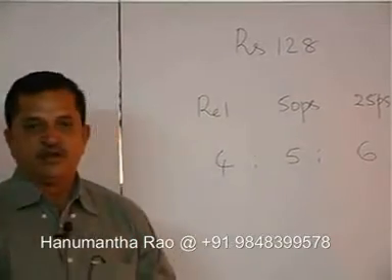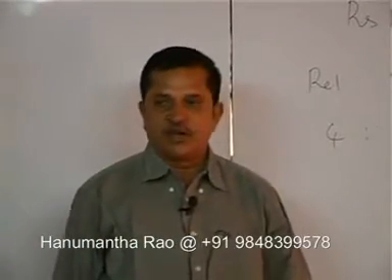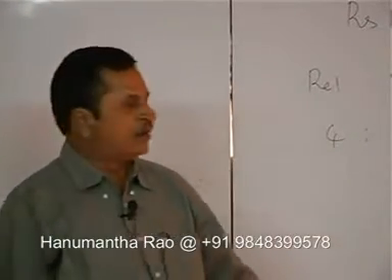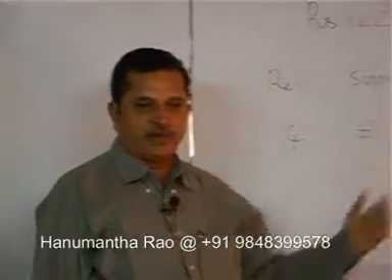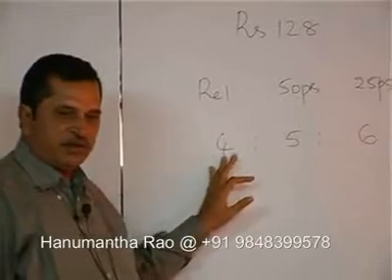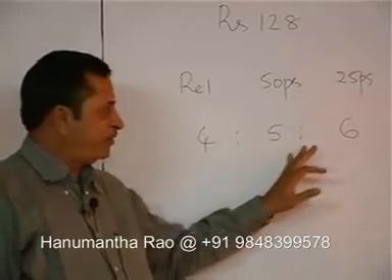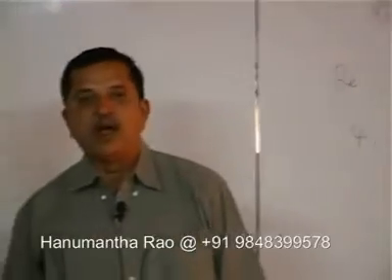4:5:6. 4:5:6 means you can understand it in two ways. The total coins are made into 15 parts: 4 parts are 1 rupee, 5 parts are 50 paise, 6 parts are 25 paise.